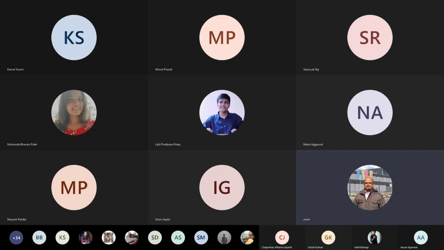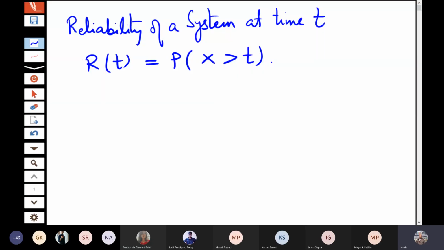The probability that at a particular point of time the system is functioning. So we define the reliability of a system at time t whose life is described by x, if x is the random variable.